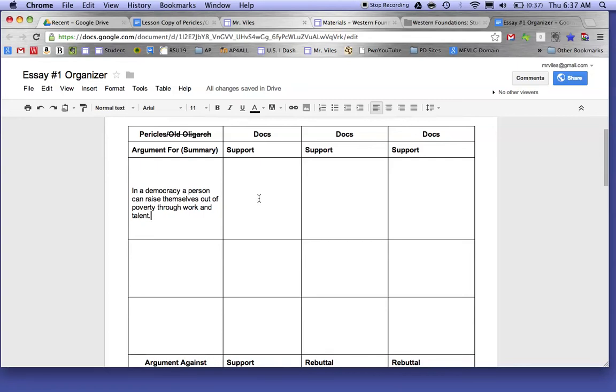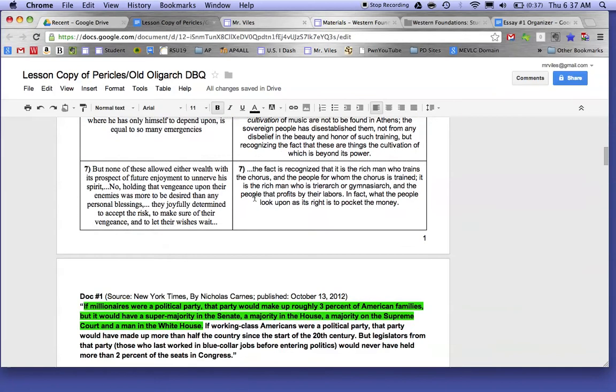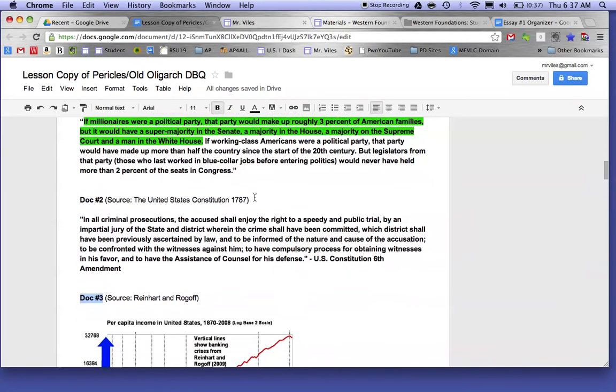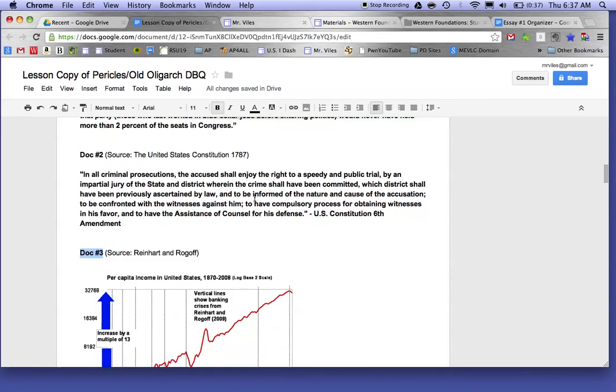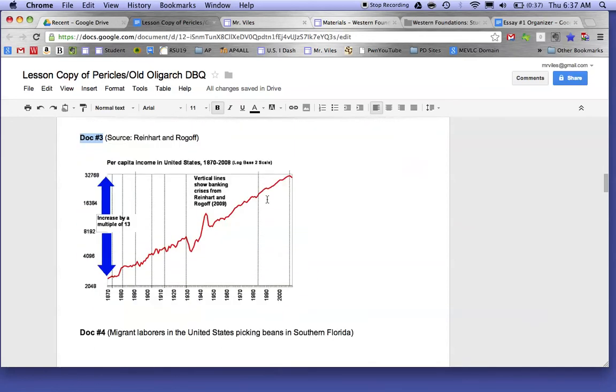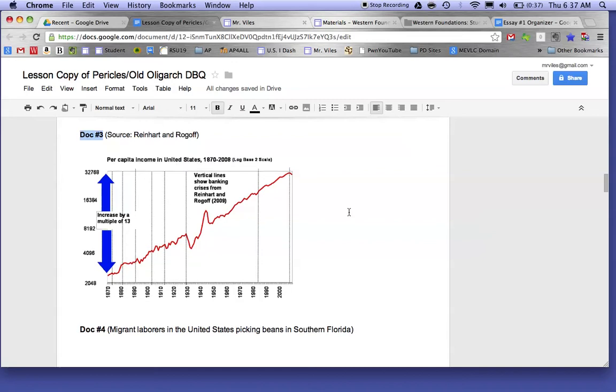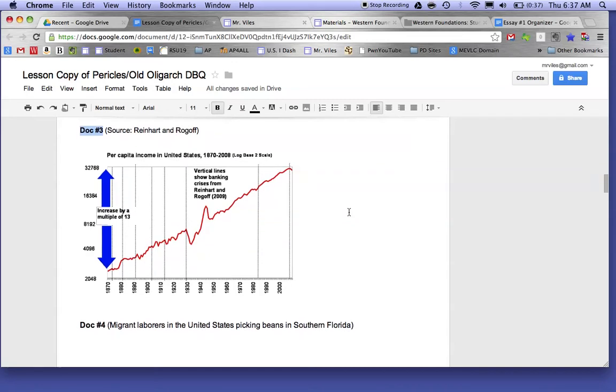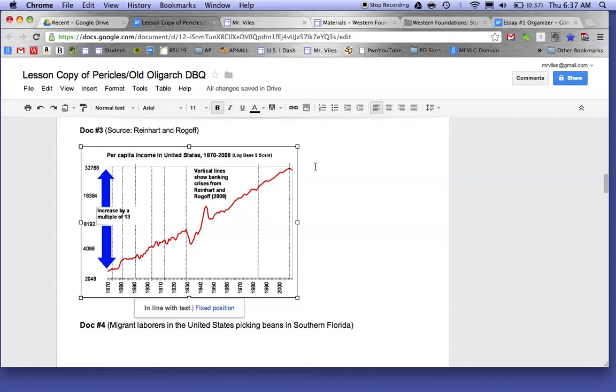What I would now do is look down in the documents for items that support this. So I come back, I scroll down, and I would be looking for items in these docs that show people rising out of poverty, show people through hard work getting ahead, and lo and behold, per capita income in the United States, 1870 to 2000. That phrase means per person, basically the income we have per person.